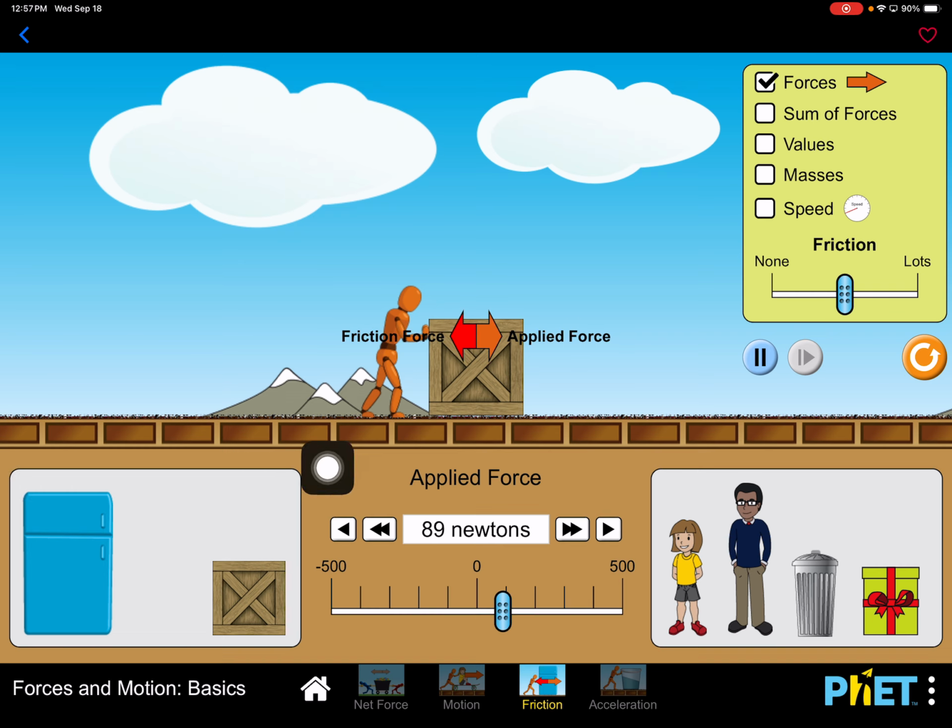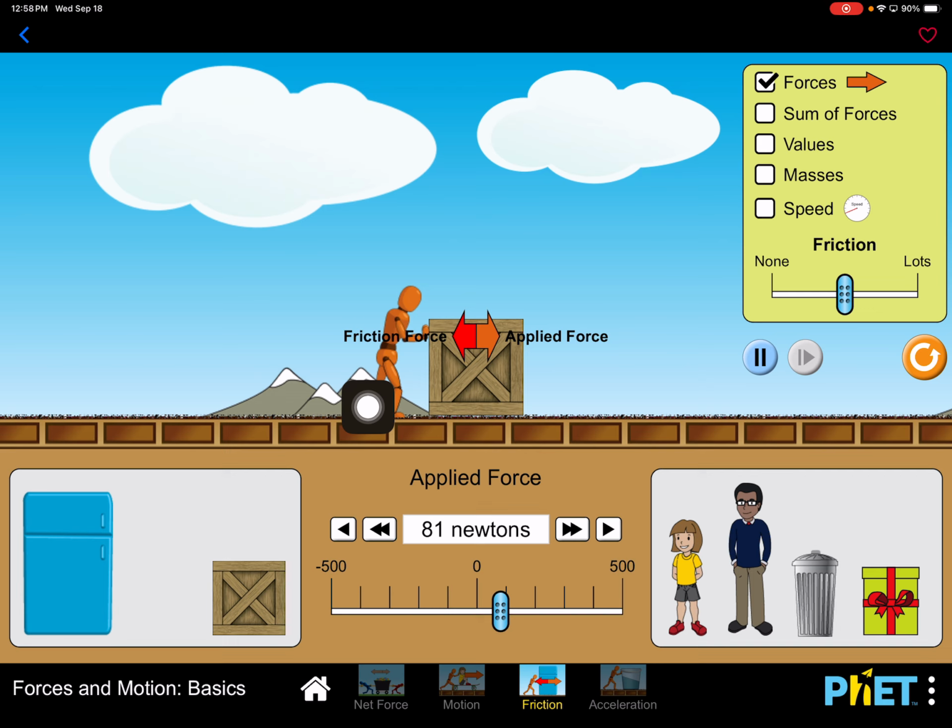You can see that I've applied a 90 Newton force. I'm pushing with a force of 90 Newton, and the object didn't move. The reason was because there's a static friction force between that object and the ground. The molecules of the ground are attracting the molecules of the box and pulling it back.